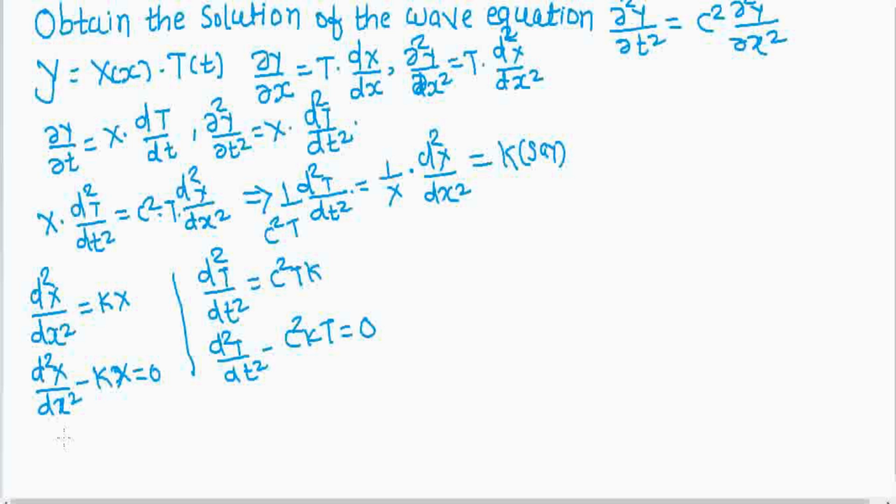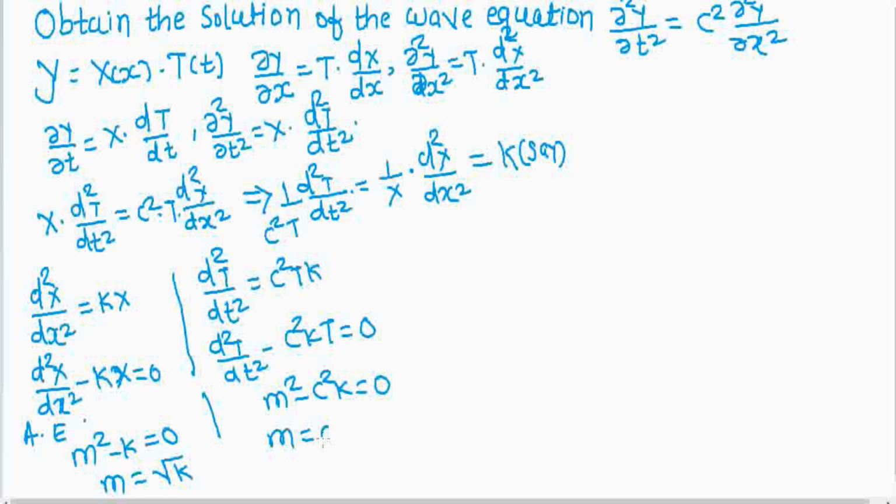So these are ordinary differential equations of second order, and therefore the auxiliary equation of the first is m square minus k equal to 0, and here the auxiliary equation is m square minus c square k equal to 0. M equal to under root of k, and here m equal to c into under root of k.